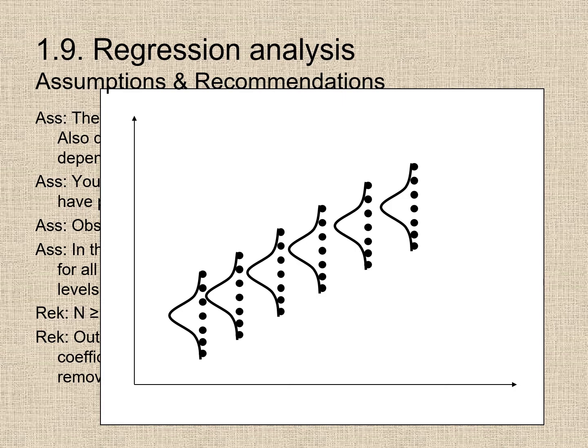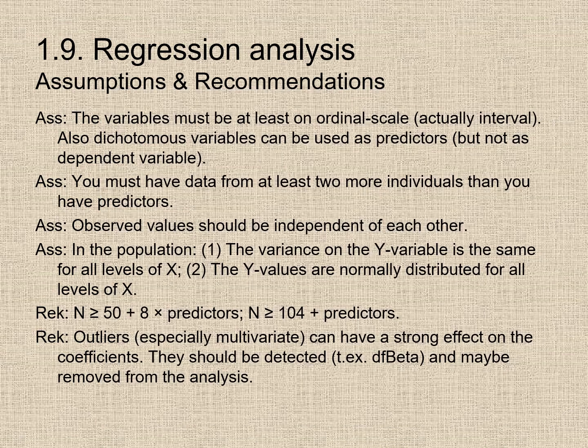Outliers can affect the calculation of the coefficients to a high degree. They have high influence, as it's called, which means that you get one regression coefficient if this person is in the data set, but something completely different if this person is not in the data set.